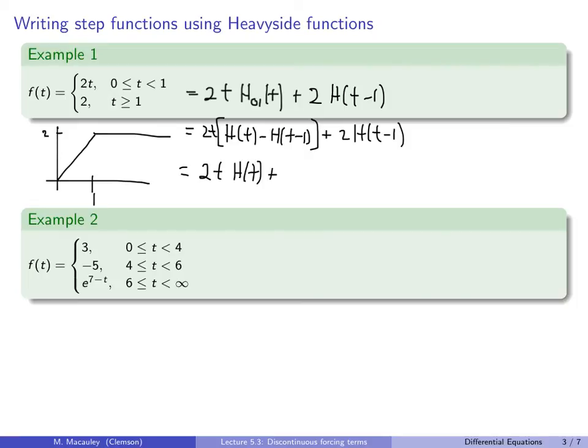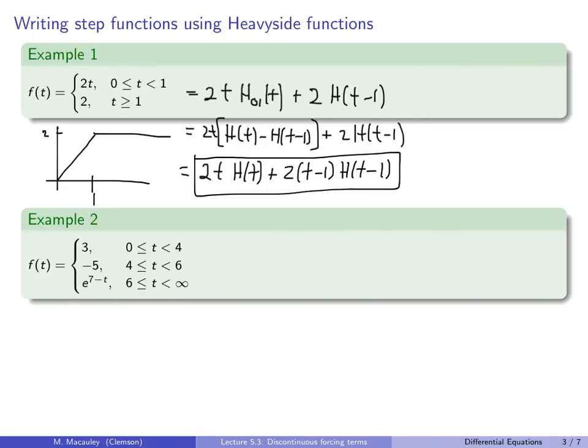And then everything else, we have a 2 and a minus 2t, so I can write that as 2 times t minus 1 times h of t minus 1. So there is this piecewise function written using the Heaviside function. And again, we do this because we'll see very soon how to compute the Laplace transform of this quite easily.